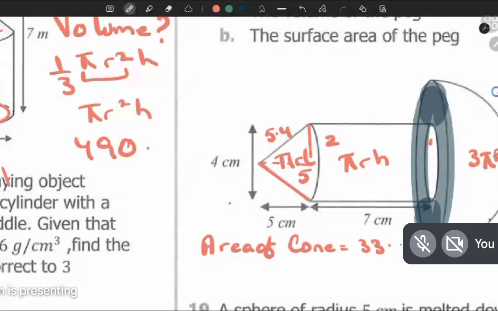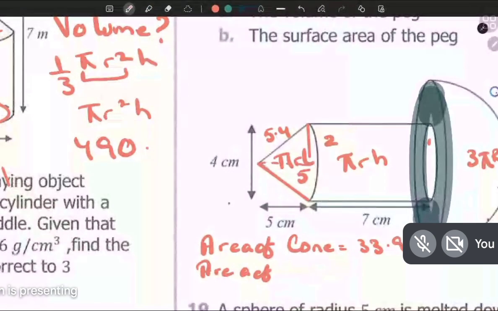Nope. Are we good? Okay. And then we have area of cylinder, which is pi r h. So you have 43.98. So it's basically 44.